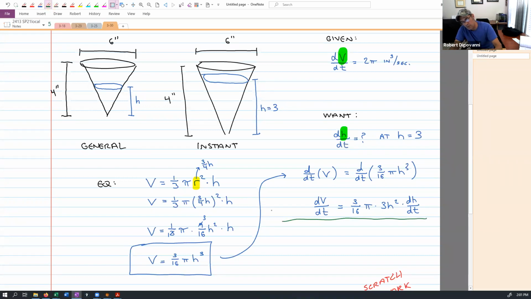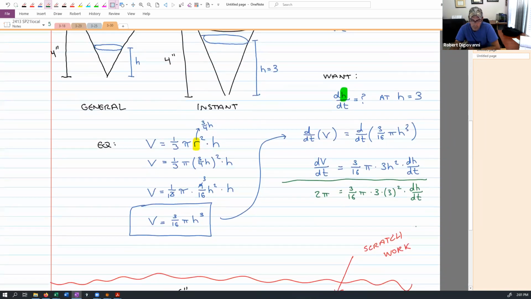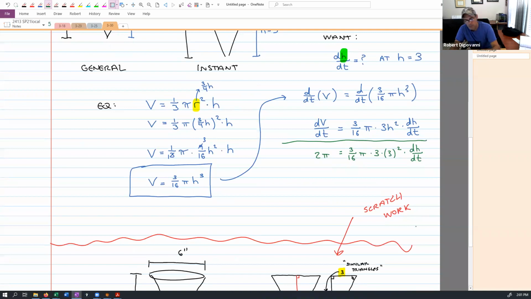So here we go. Here's our solution. We replace things. 2 pi equals 3/16 pi times 3 times h was 3, but then square, times dh dt. This is 2 pi equals, let's see, 3 squared, 9 times 3, 27 times 3 again is 81 over 16 pi dh dt.